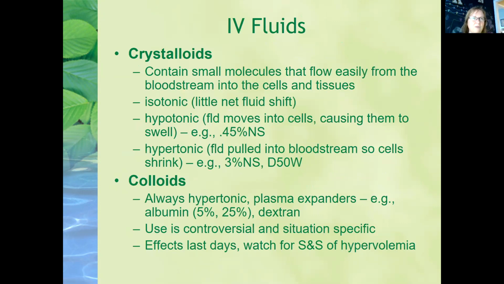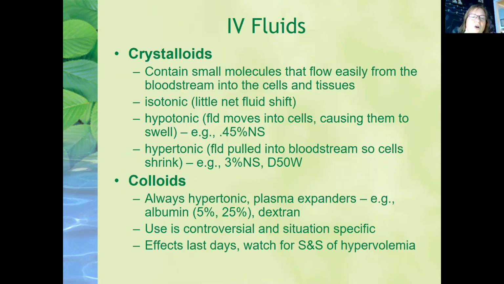So for example, in Ringer's lactate, we've got some other solutes that create a level of tonicity that's the same as our blood. Hypotonic, decreased tonicity; hypertonic, increased tonicity. So hypertonic solutions pull fluid out of the cells. Hypotonic solutions make the cells swell up.